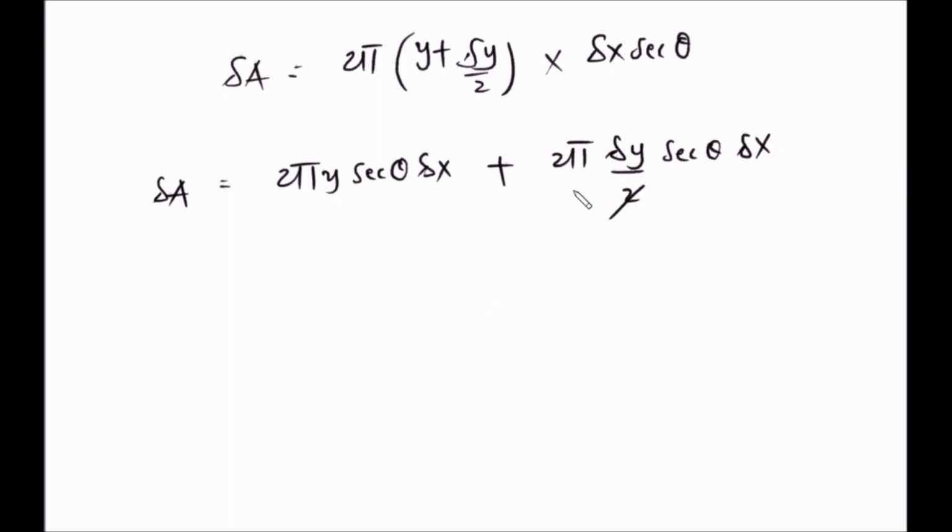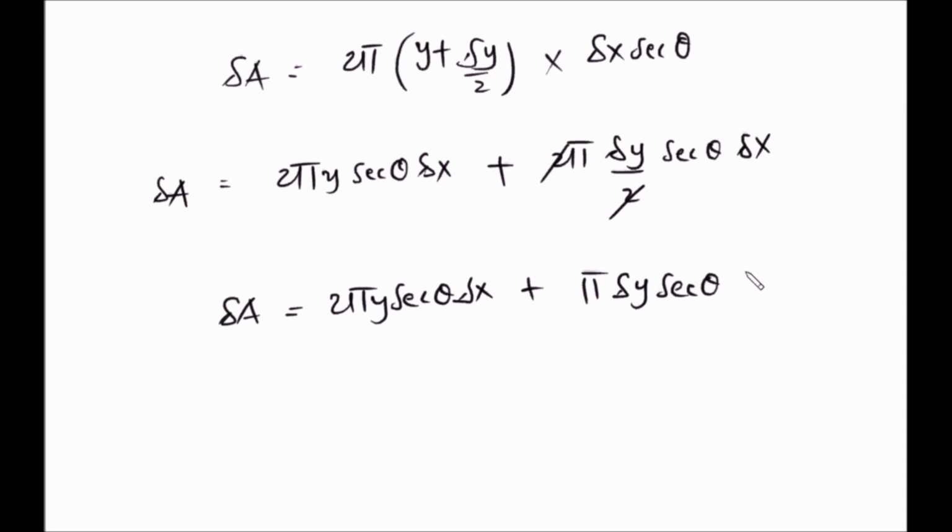So delta A itakuwa 2 pi y sec theta delta x jumlisha pi delta y sec theta delta x.